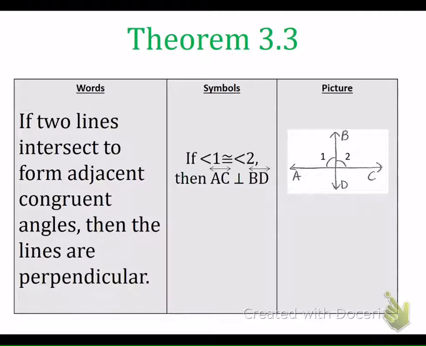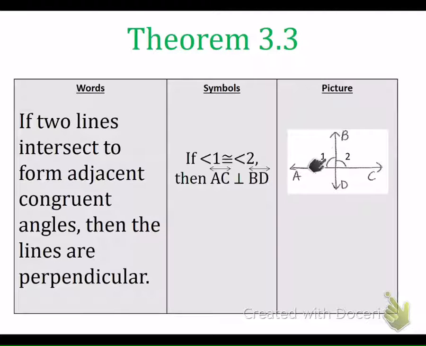This one states that if two lines intersect to form adjacent congruent angles, then the lines are perpendicular. Basically, if you have two angles that are formed by two intersecting lines, see the straight line here, and I have two angles right next to each other.